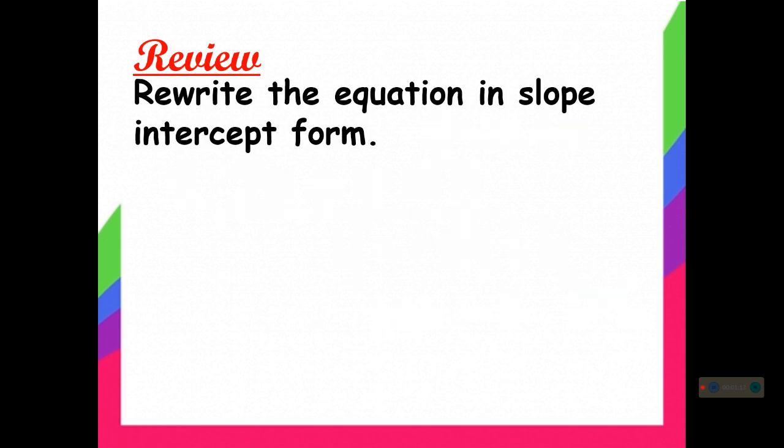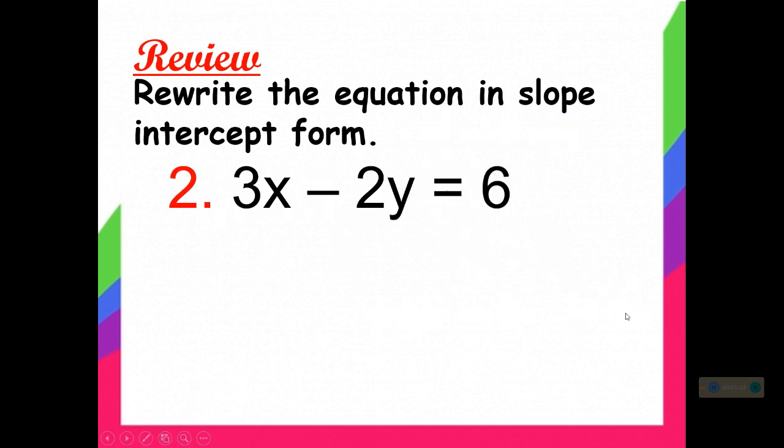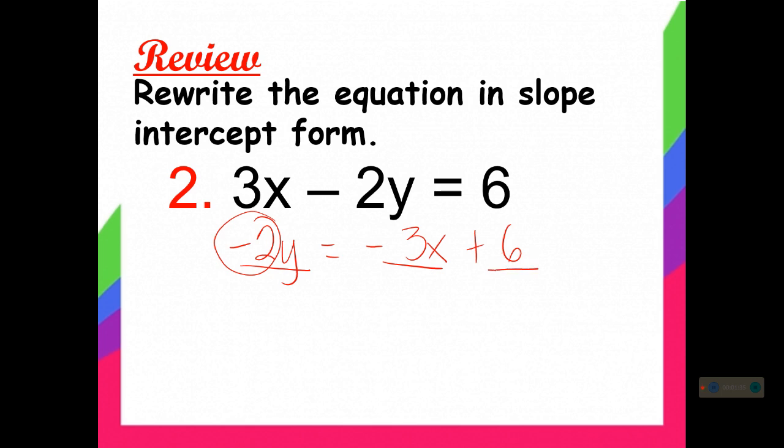Okay, next let us have the second one. We have 3x minus 2y equals 6. So we have here negative 2y equals negative 3x plus 6. But since we have here the coefficient of y, which is negative 2, we are going to divide all the terms of our equation by negative 2.